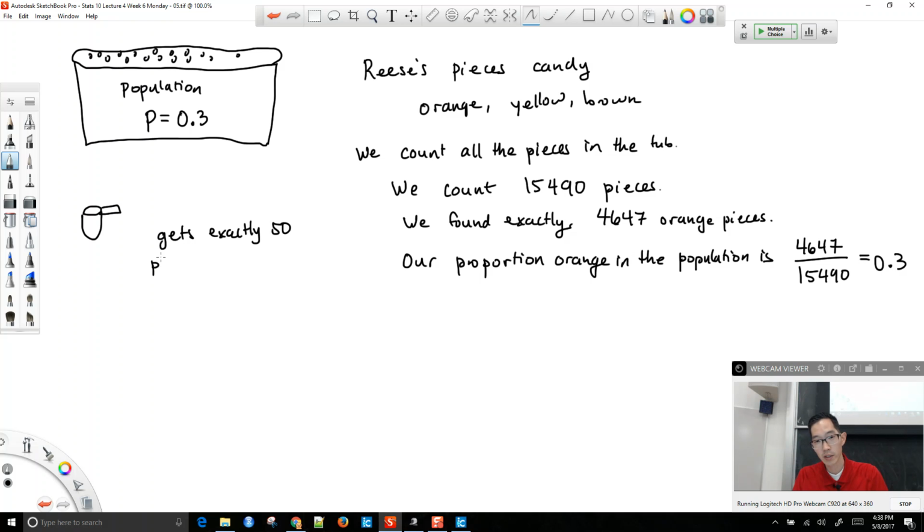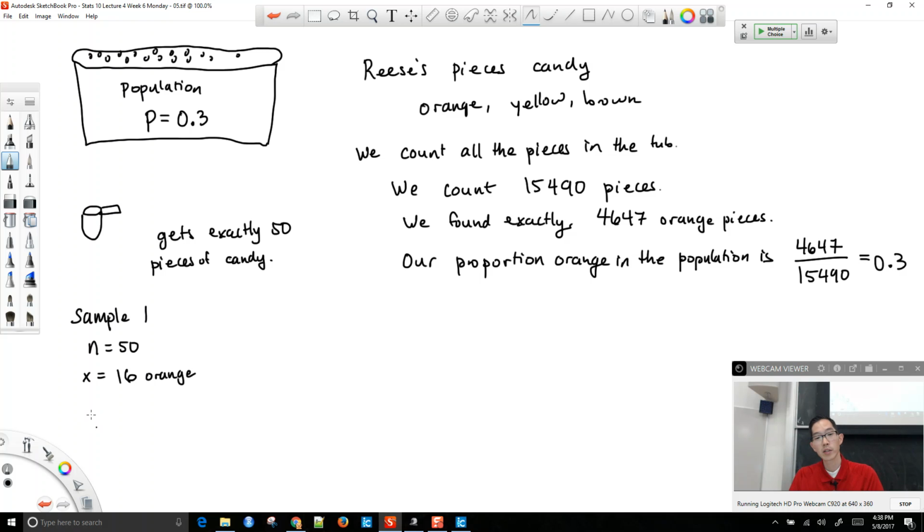I stir up the tub and pull out a scoop, and for sample 1, I get 50 pieces of candy, and let's say I get 16 orange pieces.